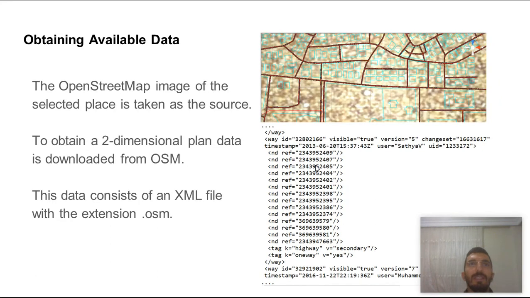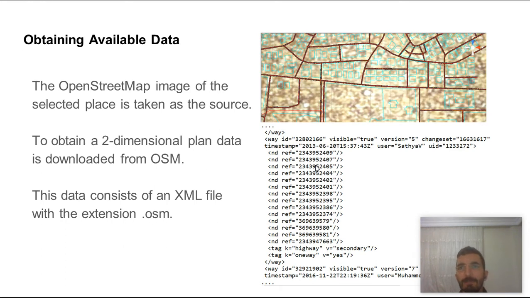Available data. What is OpenStreetMap? OpenStreetMap is a joint mapping project that provides data for thousands of websites, mobile applications, and hardware devices, built on geographic data of the world, where a free editable map is created.